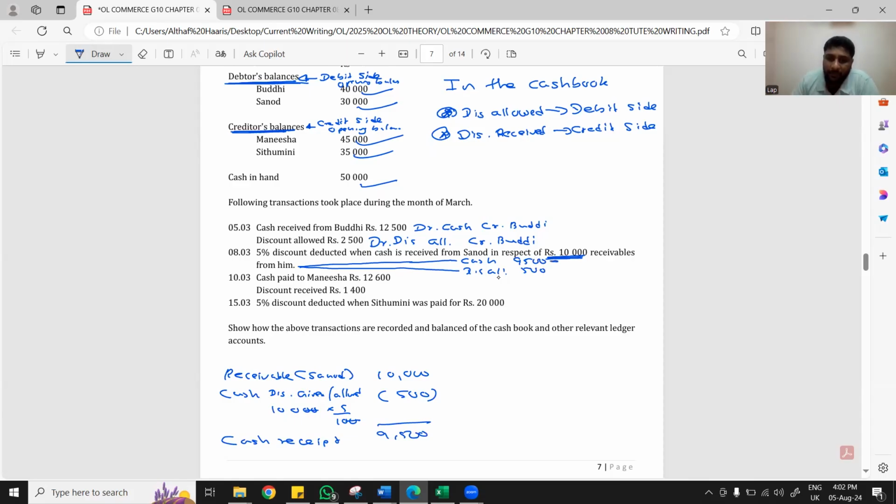Then what's the double entry for the cash receipt? Debit cash, credit Sanoth. And for this one, debit discount allowed, credit Sanoth. So let's record those entries now. First, we'll record the cash receipt amount 9,500.